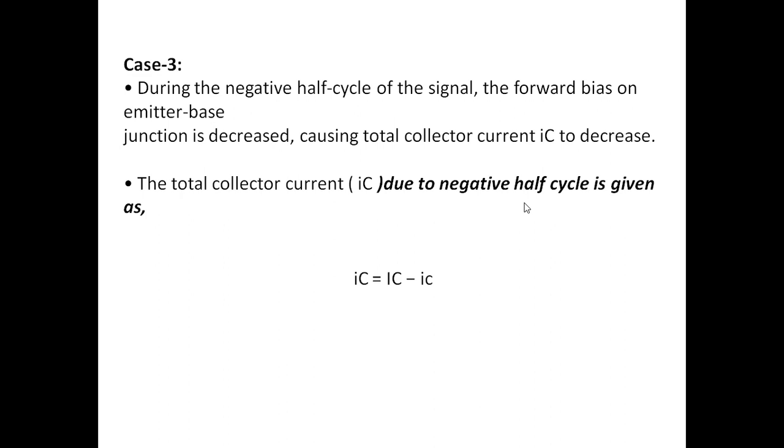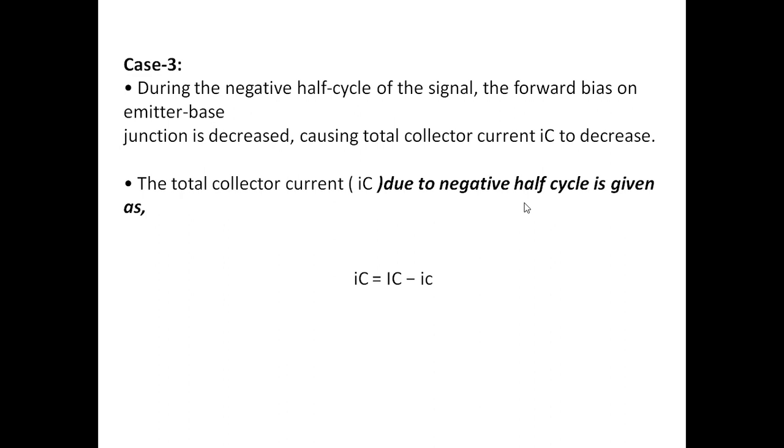Case 3. During the negative half cycle of the input signal, the forward bias on the emitter base junction is decreased, causing the total collector current small i capital C to decrease.